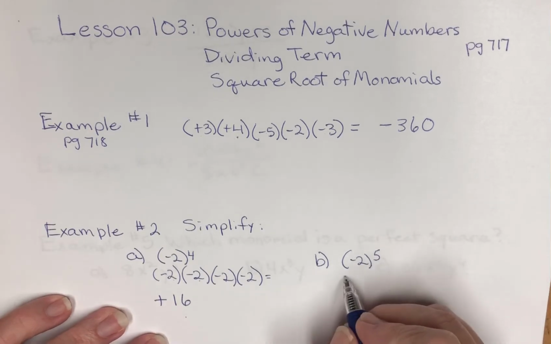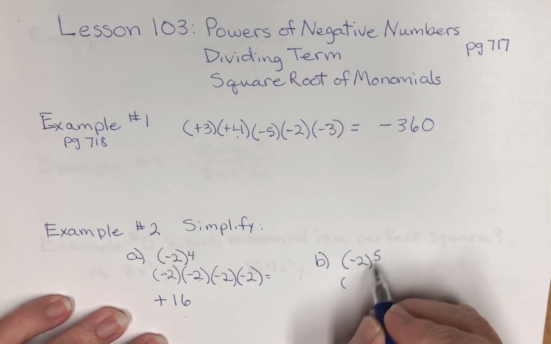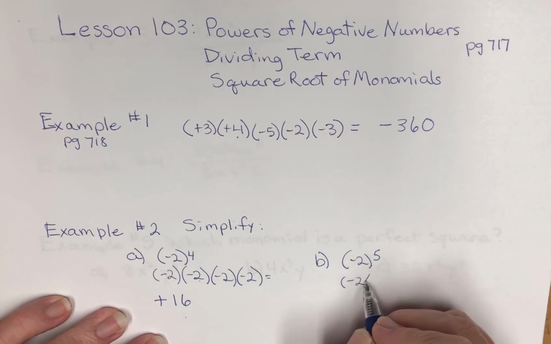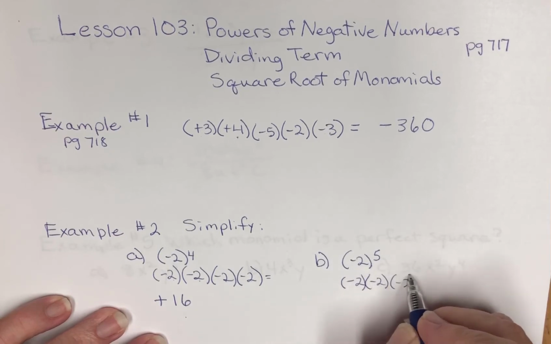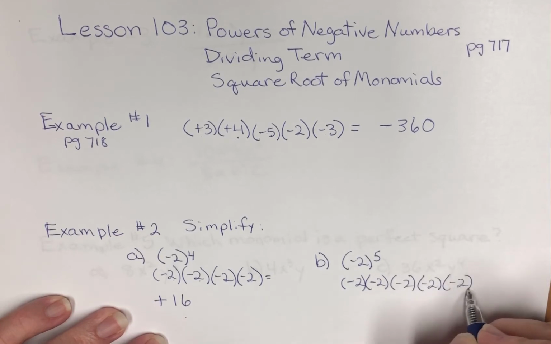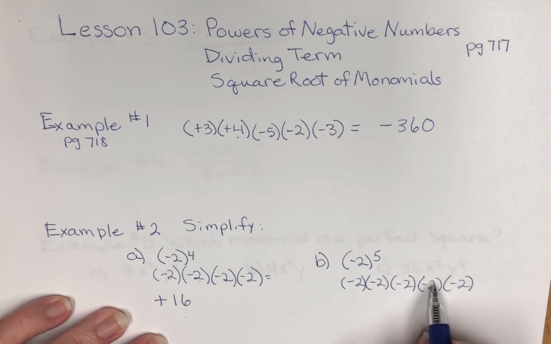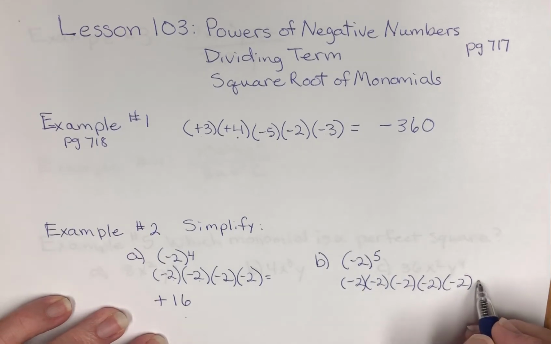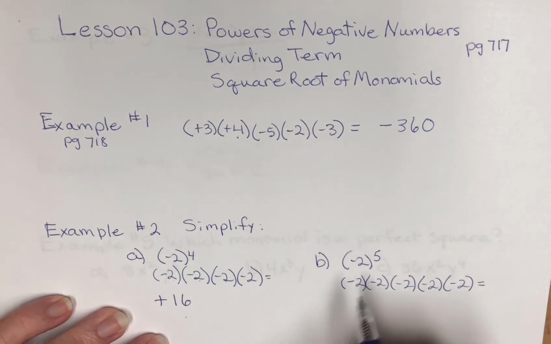This second one, negative 2 to the 5th power, means negative 2 times negative 2 times negative 2 times negative 2 times negative 2. Here I have 5 terms that I'm going to be multiplying.